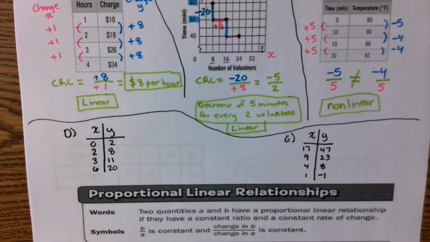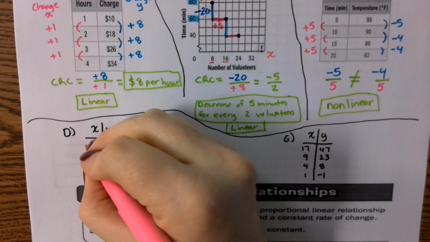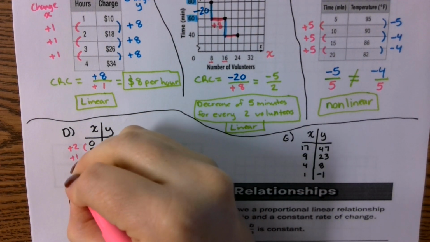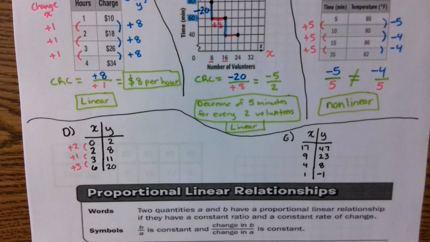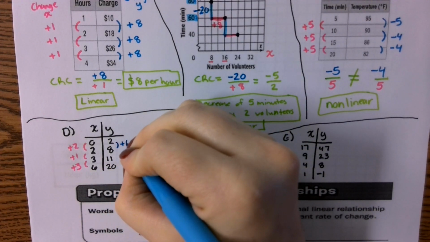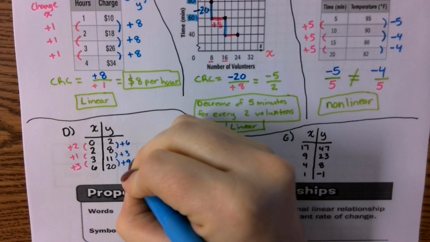All right, for problem D. Problem D, is that linear or nonlinear? Linear. It is linear. Your change, here we happen to be increasing by 2, and then we're increasing by 1, and then we're increasing by 3. So automatically people think, oh, that's not going to be linear. However, if you take a look at your y, it increases by 6, then it increases by 3, then it increases by 9.